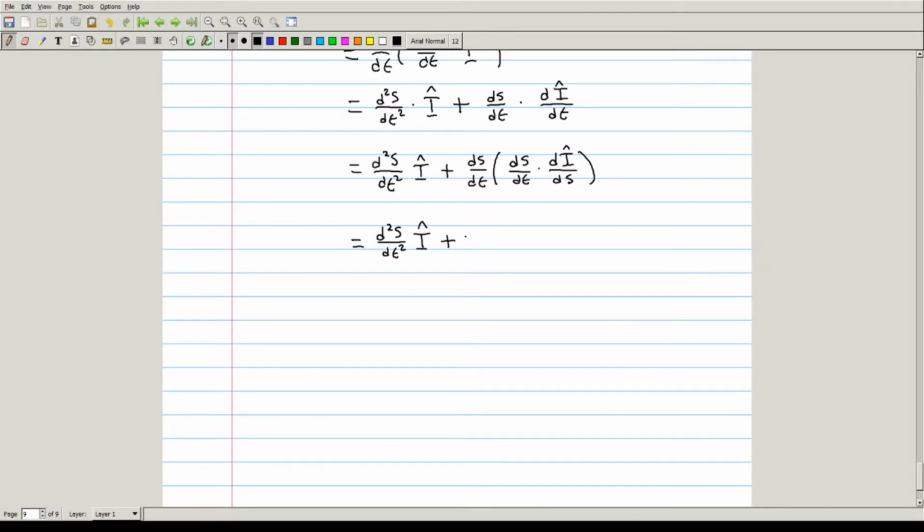So this is the same thing as (ds/dt) squared times the magnitude of dT/ds, multiplied by (dT/ds) over the magnitude of dT/ds.